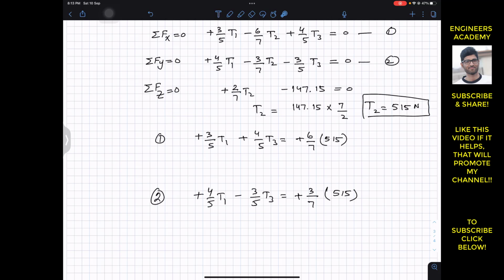So for that, if I multiply equation 1 with 4 and equation 2 with 3, in that case we will have the coefficient of T1 equal, right? So let me multiply this whole equation with plus 4 and this whole equation with plus 3.